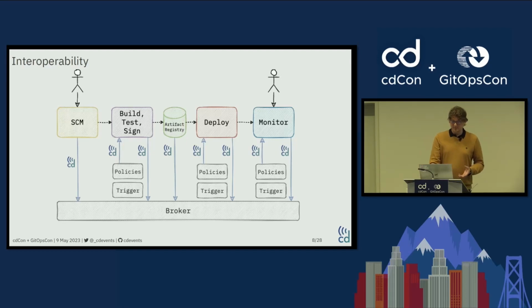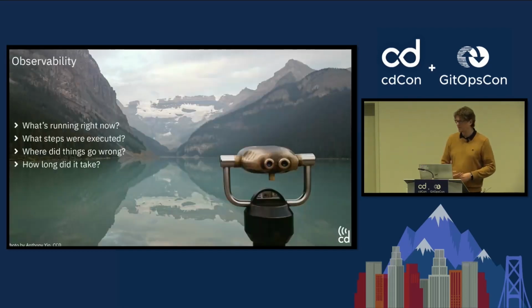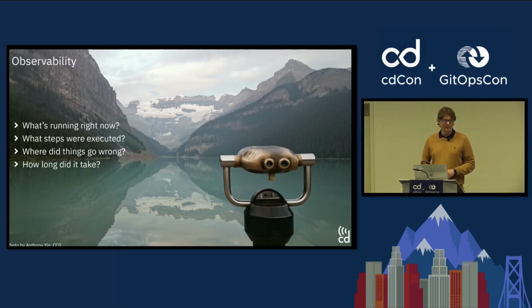But there are still some issues when you do this kind of setup. What about observability? When you have this event-driven approach with different components declaring what they're doing and applying policies, in this distributed format it becomes harder to answer questions like: what is running right now?